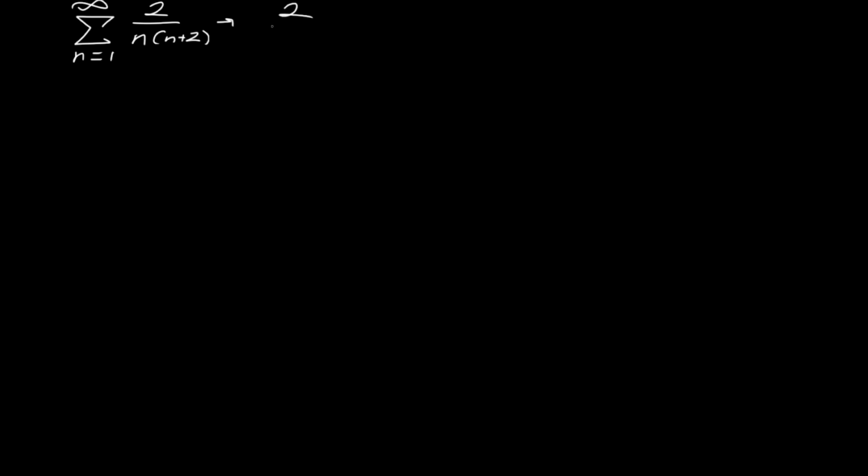First, let's rewrite the fraction over here. We're going to set it equal to a divided by the smaller factor, n, plus b divided by the larger factor, n plus 2. Next, we're going to multiply this whole thing, both sides, by n times n plus 2. And we are going to cancel out the denominator.